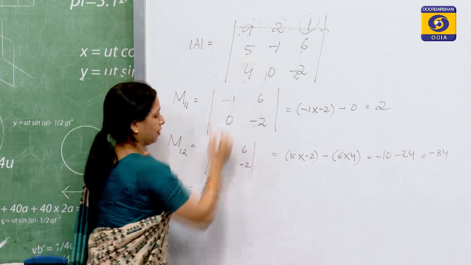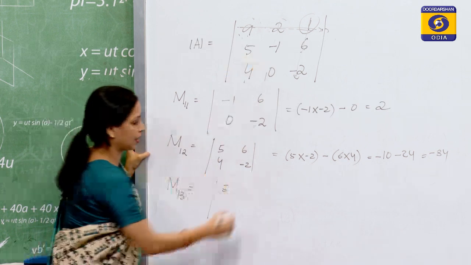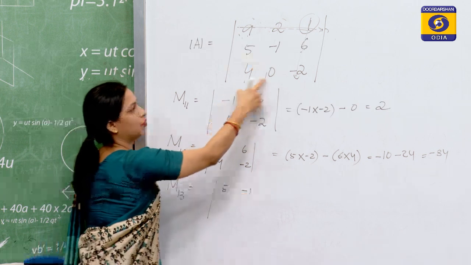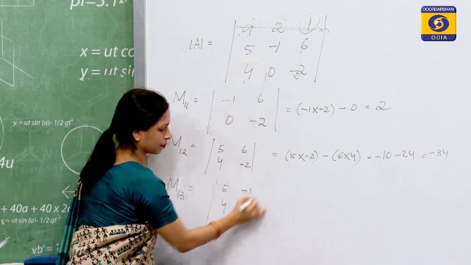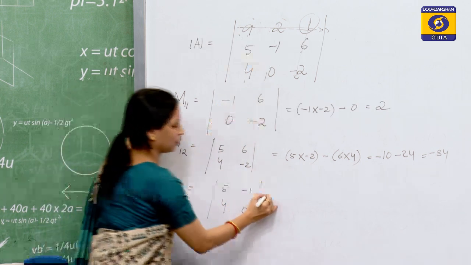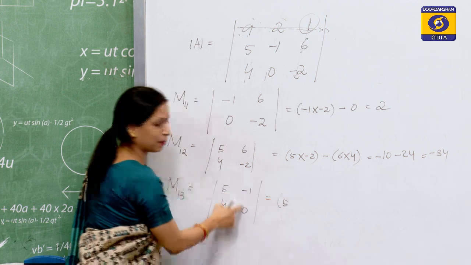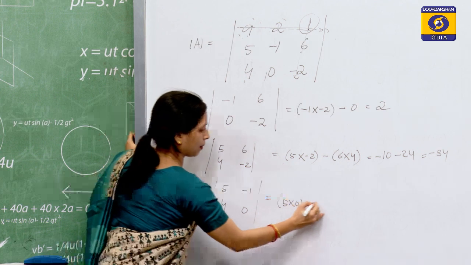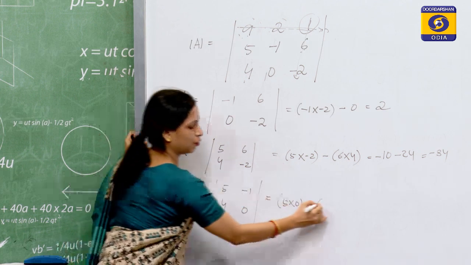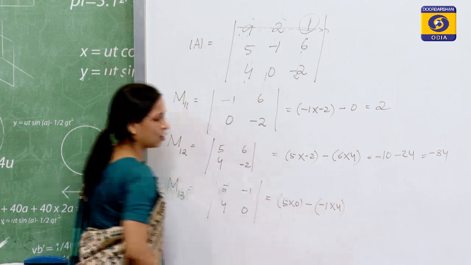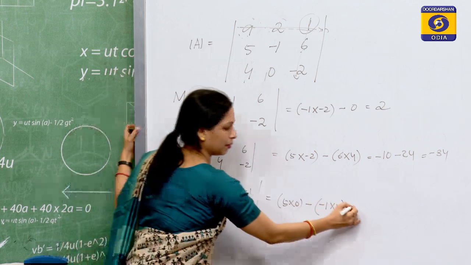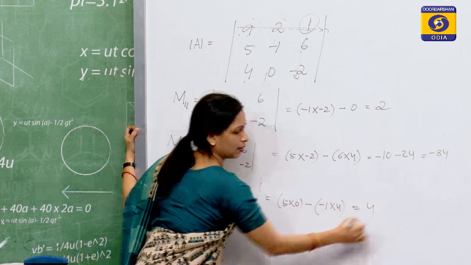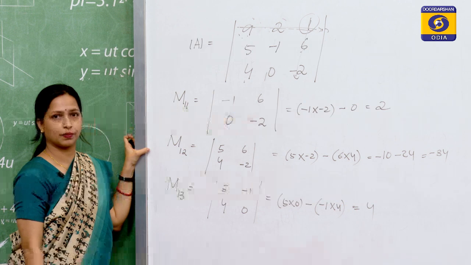What do I get? 5, -1, 4 and 0, right. What do I do next? Cross multiply the diagonal elements. So, 5 into 0, obviously 0, minus -1 into 4. So, this is 0 plus 4, 4. So, the minor is 4, right.